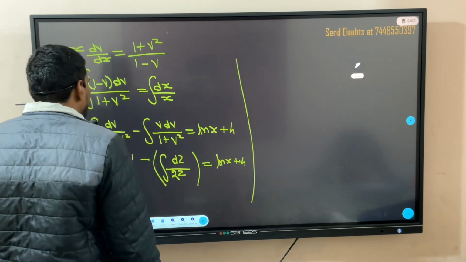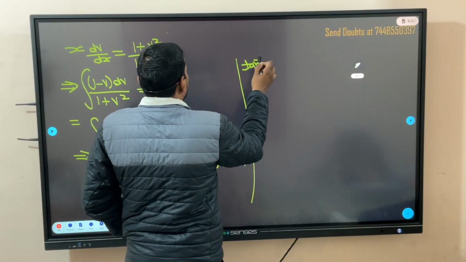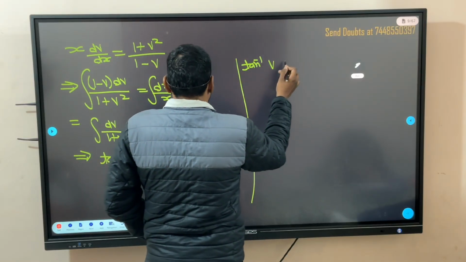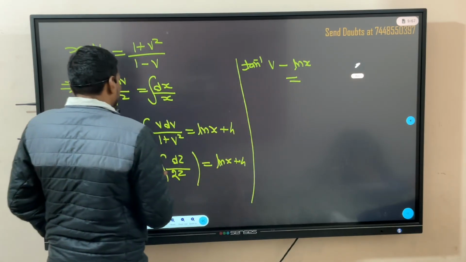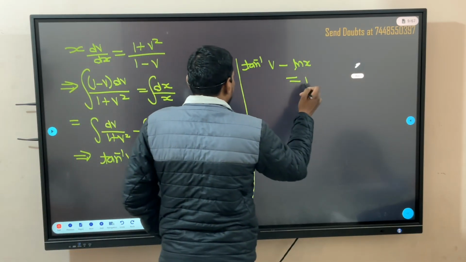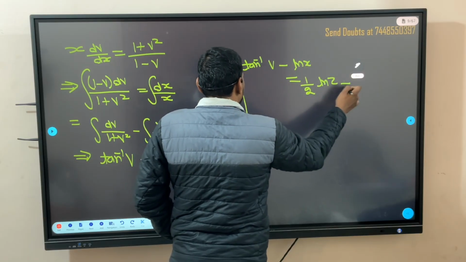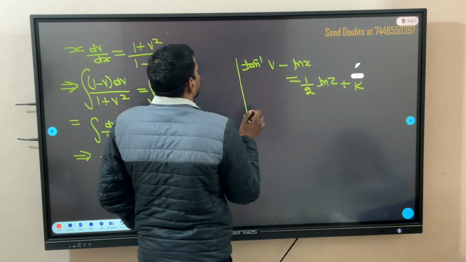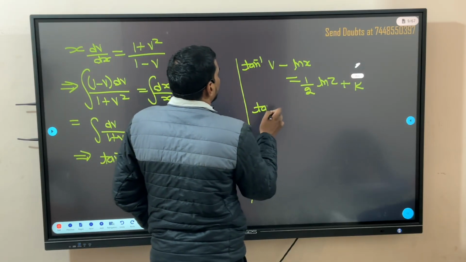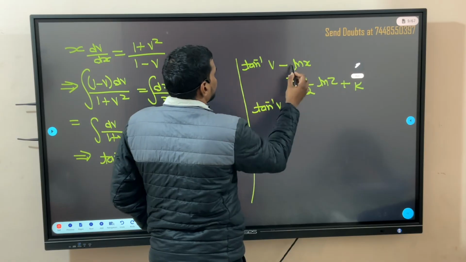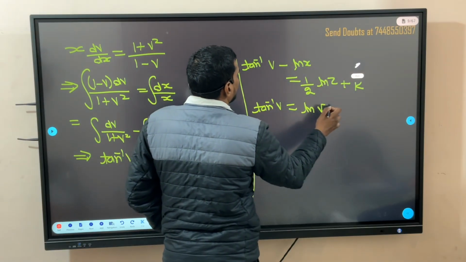Finally you will get tan inverse of v minus ln of x, and if you take that to the other side, half of ln z plus k. So here tan inverse of v, if you bring this side and half on this, you will get ln of root z.